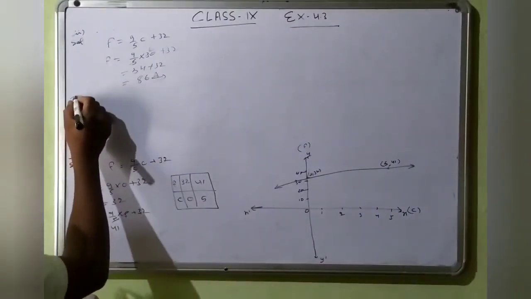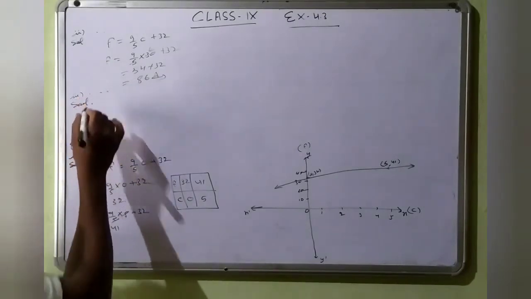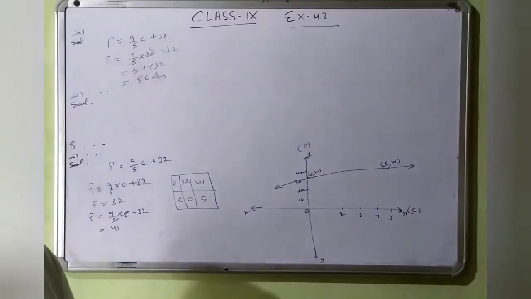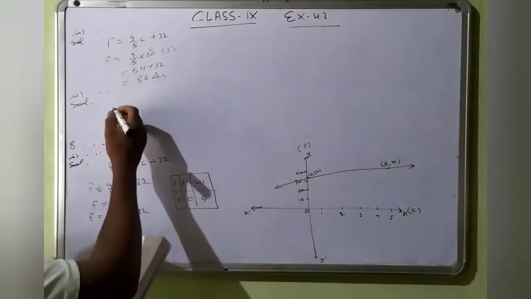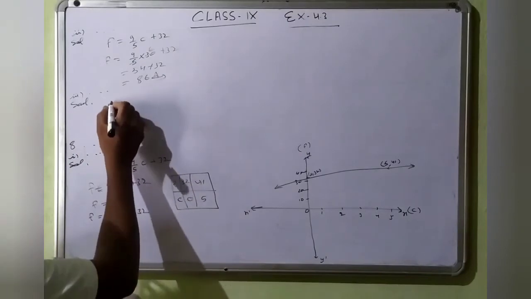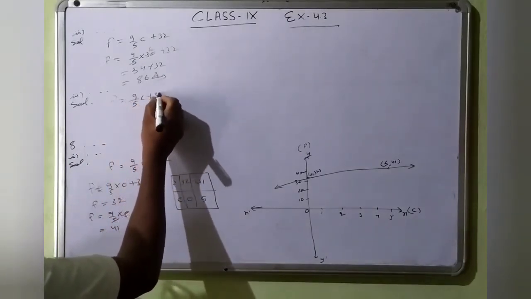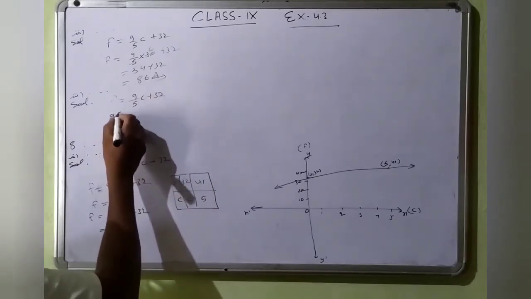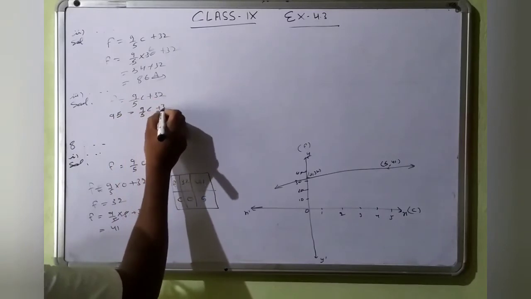Third part: if the temperature is 95 degrees Fahrenheit, what is the temperature in Celsius? Next, this one. Similarly we will write the equation: 95 is equal to 9 upon 5 C plus 32.